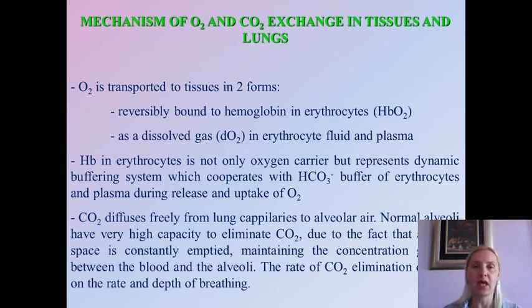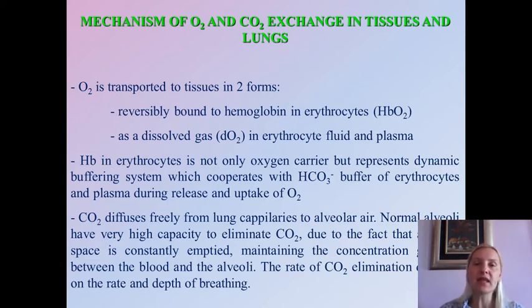activities. Regarding carbon dioxide, we know that it diffuses freely from lung capillaries into alveolar air. And alveoli have a very high capacity to eliminate carbon dioxide. Why is that so?